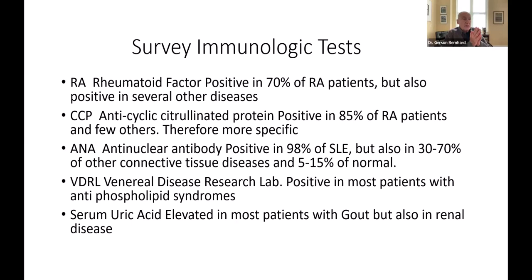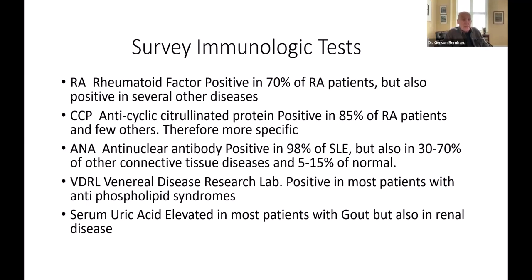And very often I'll see in the laboratory studies a positive rheumatoid factor. Well, it's true that 70% of patients with rheumatoid arthritis are going to have a positive rheumatoid factor. And as I shall show you in a few minutes, there are also a lot of other diseases or disorders, and even some normal people who will have a positive rheumatoid factor.